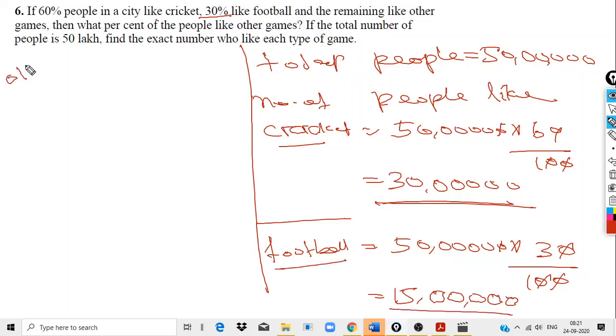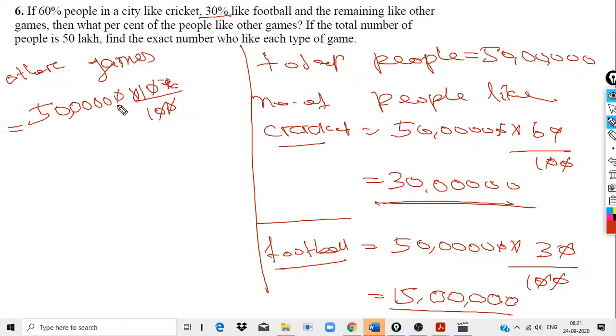Other games equal to, here the total is 50 lakh into 10%. Other games is 10%, or you directly write 10 by 100. Then you cancel 2 zeros, 1 here, 1 here, it will be equal to 5 lakh.